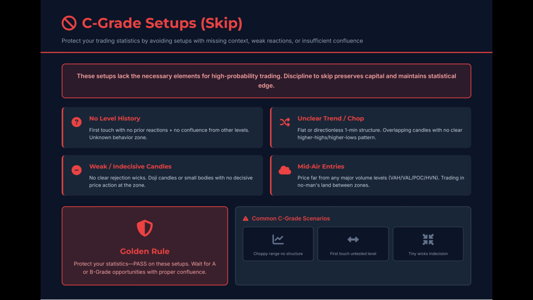What makes a setup C-grade? It's simple, really. A C-grade setup lacks the fundamental characteristics that give you an edge. Specifically, one or more of these critical deficiencies exists. First deficiency: the level has no documented history. You're watching price approach the previous day's value area low at, let's say, 6500. But when you look back at the past 2 to 3 sessions, this level, the PD VAL, has never been tested before.